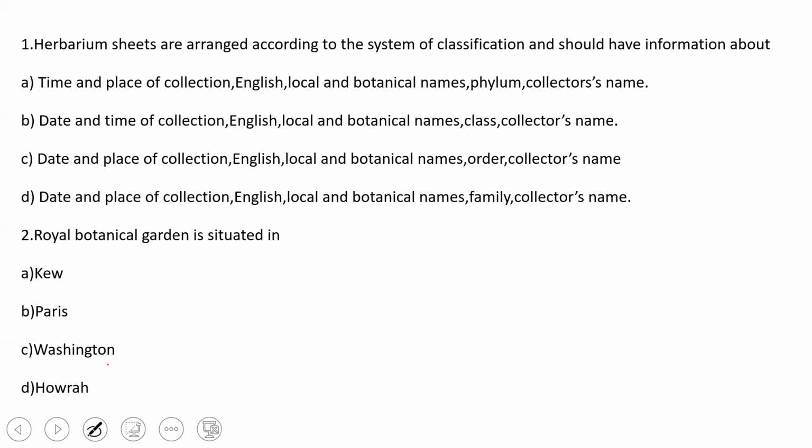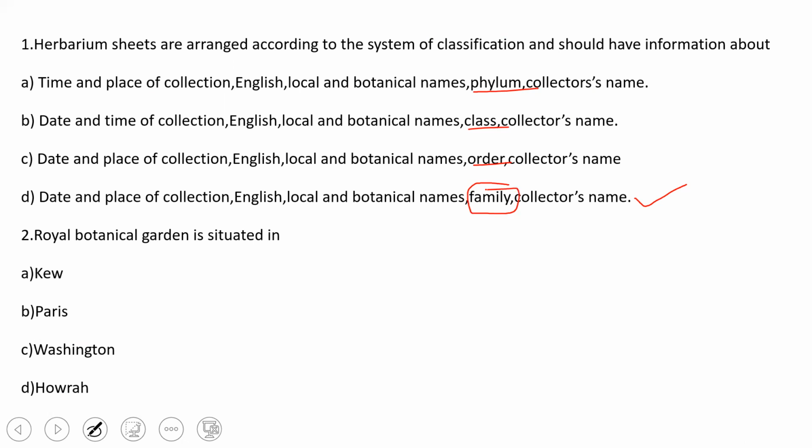So among the four, the suitable option here is option D, because here phylum is added, here class is added, here order is added, but most importantly, the herbarium sheet should have the family name. Okay, the rest are all the same.